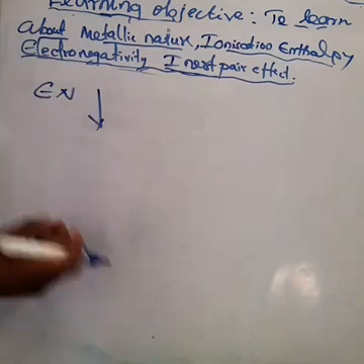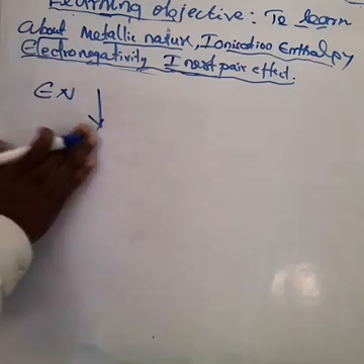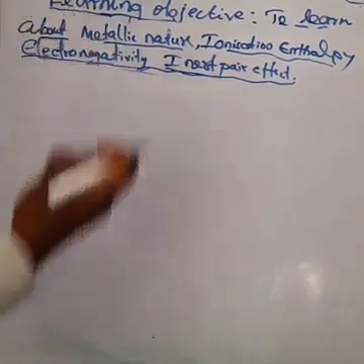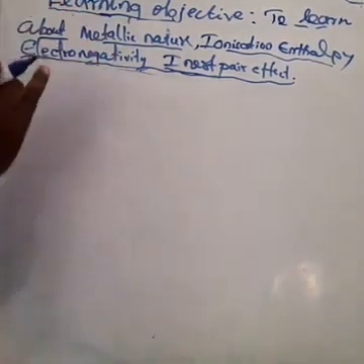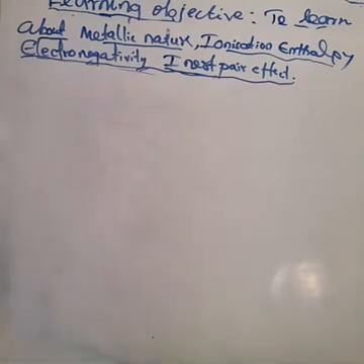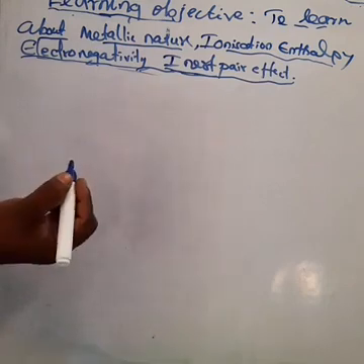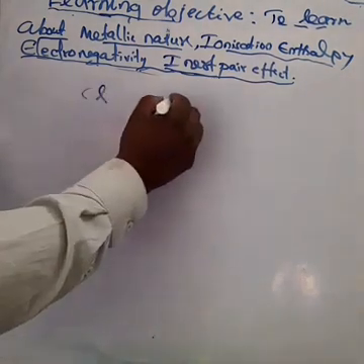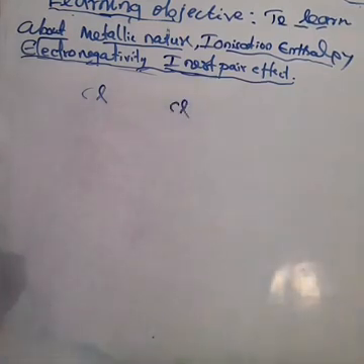My dear children, it is the tendency of an atom to attract the shared pair of electrons towards itself. I am giving one example. For example, chlorine, Cl. What is the atomic number of chlorine? 17, am I right?